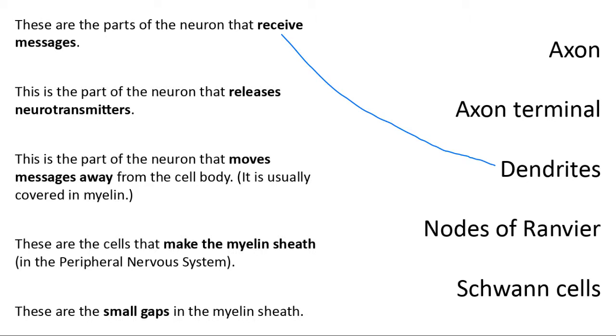Hey, what about the other end of the spectrum, if you will? What if it's not about receiving the messages? What if it's about releasing the messages? Which part of my neuron spits out those neurotransmitters, those messages? Yeah, Kira's exactly right. The part of my neuron that spits out messages is called the axon terminal, or sometimes, as we saw in the lab packet, the synaptic knob or synaptic end bulb.